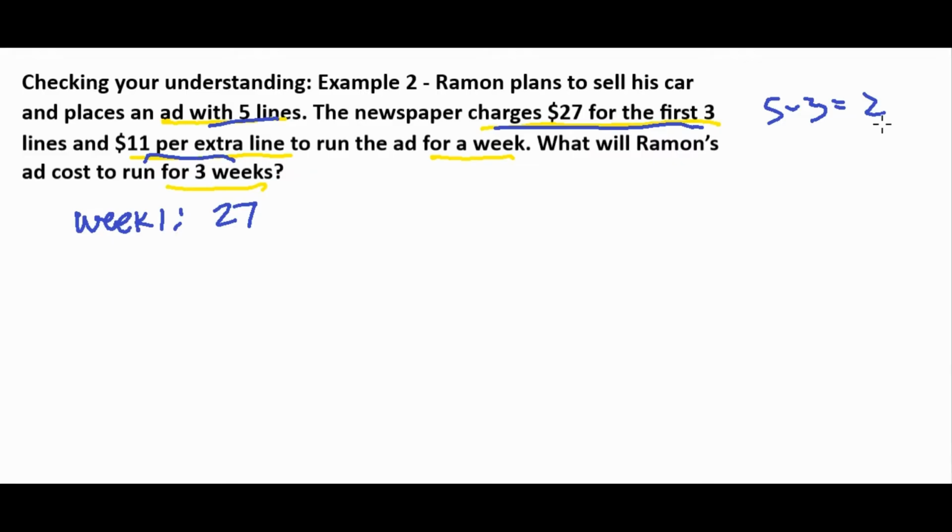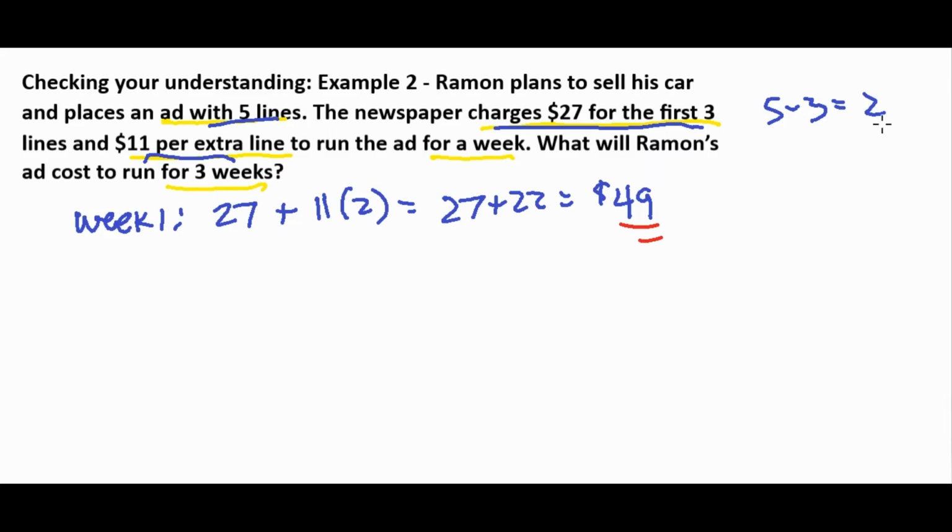So that $27 he's going to get charged, plus $11 more for 2 additional lines. So now we're looking at 27 plus 22. So for week 1, he's going to get charged $49. Now we need to figure out what we're going to do in weeks 2 and 3.